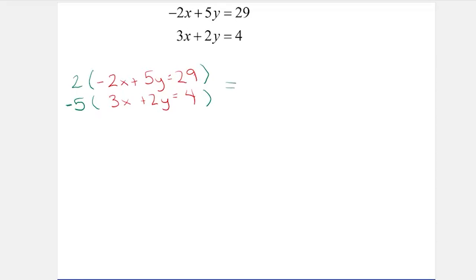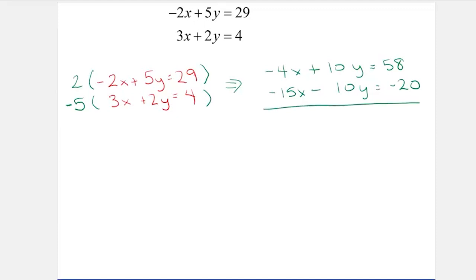So what do I get? I get negative 4x plus 10y equals 58. And I get negative 15x minus 10y is equal to minus 20. So don't forget you're multiplying every term, including the answer, by negative 5.